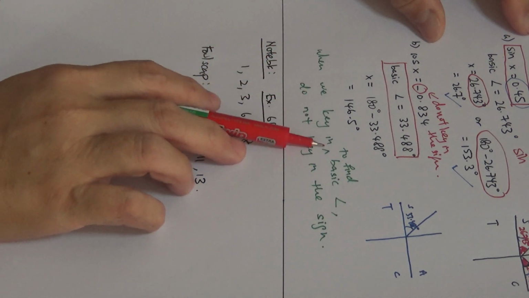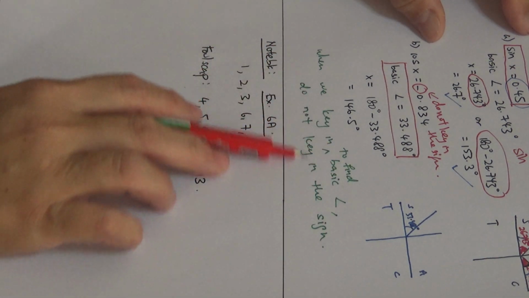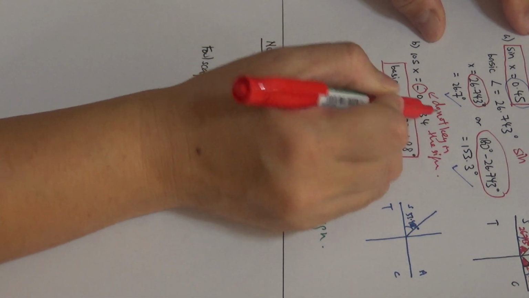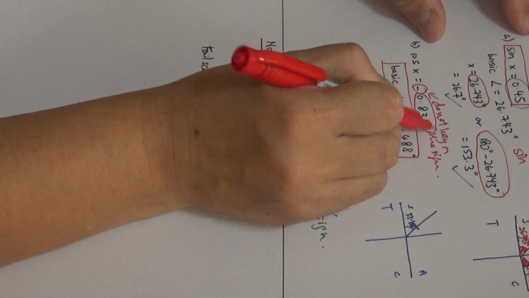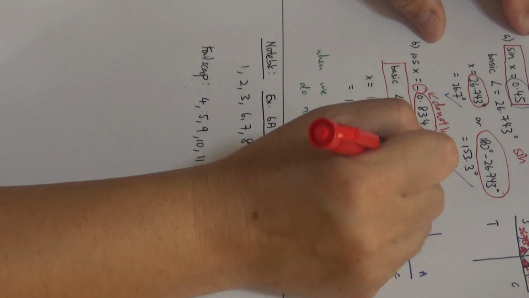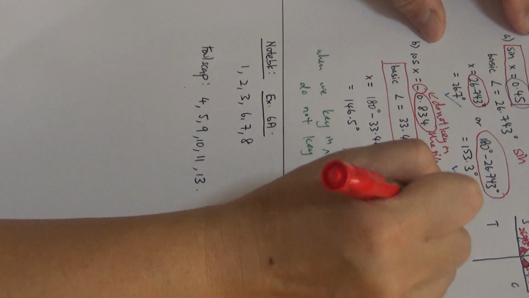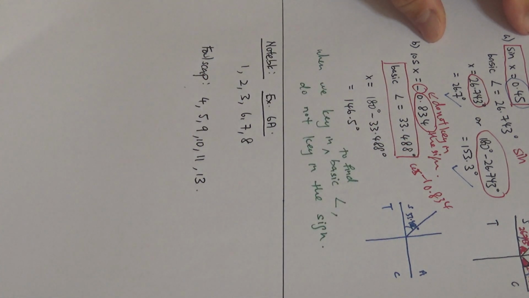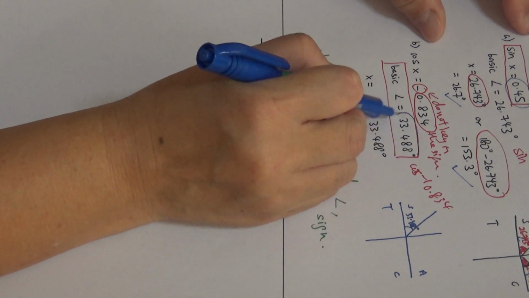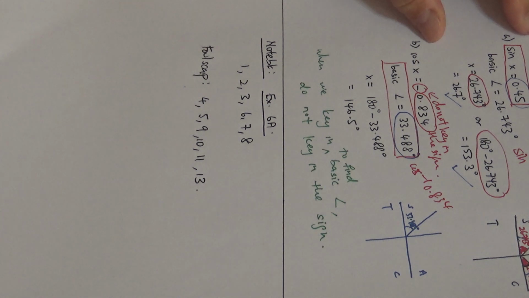When we key in to find the basic angle, just key in the numerical value. So when you press cosine inverse 0.834, you will get this answer as the basic angle.